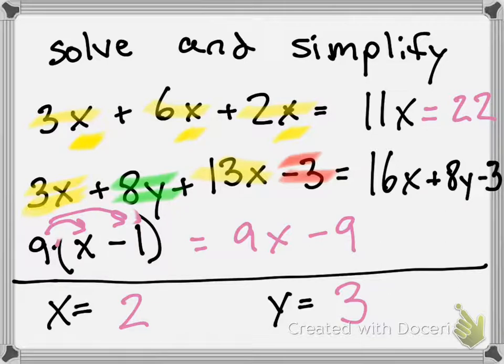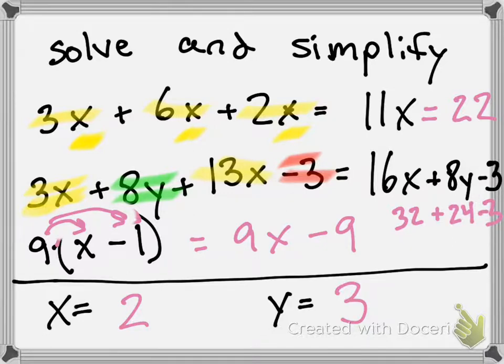Lily. It's 32. Then plus 8y, and y is 3. What's 8 times 3 then? Carmen. Perfect, it's 24. And then we have minus 3.